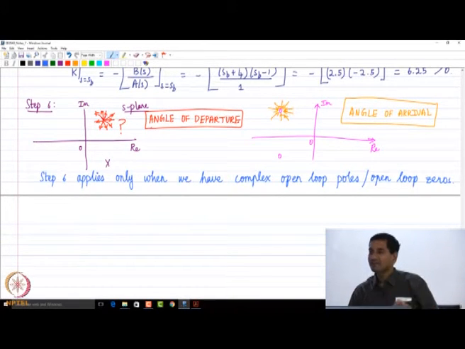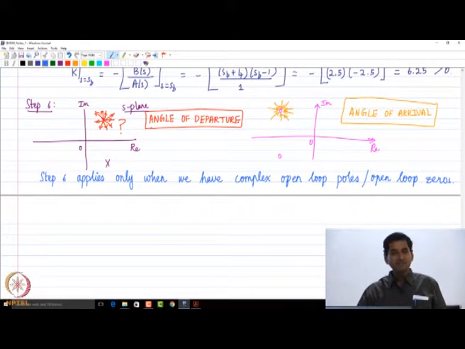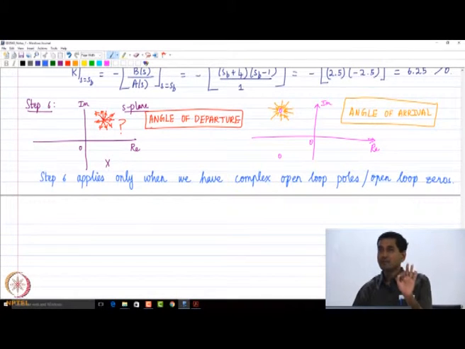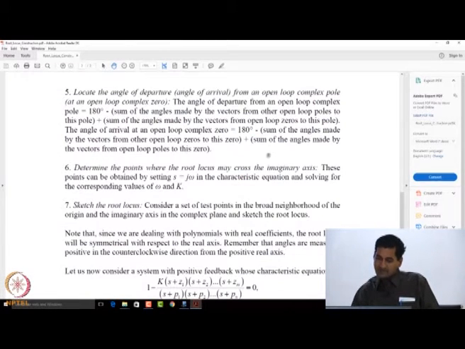But suppose you had a complex conjugate open loop pole or open loop zero pair, how do we calculate the angle of departure and angle of arrival? That is what we are going to learn. Is it clear what is meant by angle of departure and angle of arrival? So, with this understanding, we will go to this step and read through it.